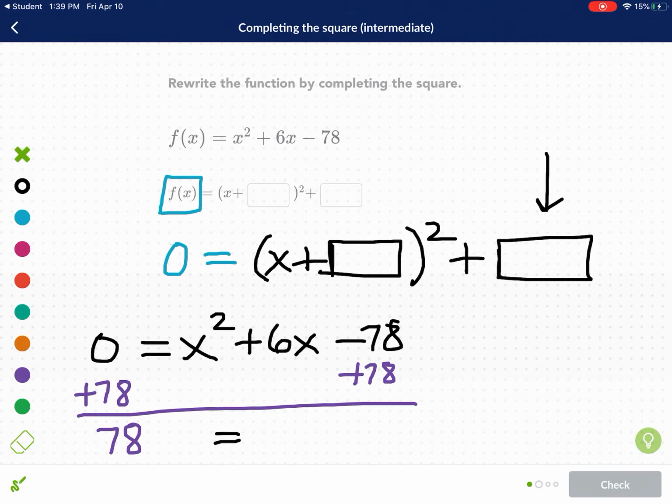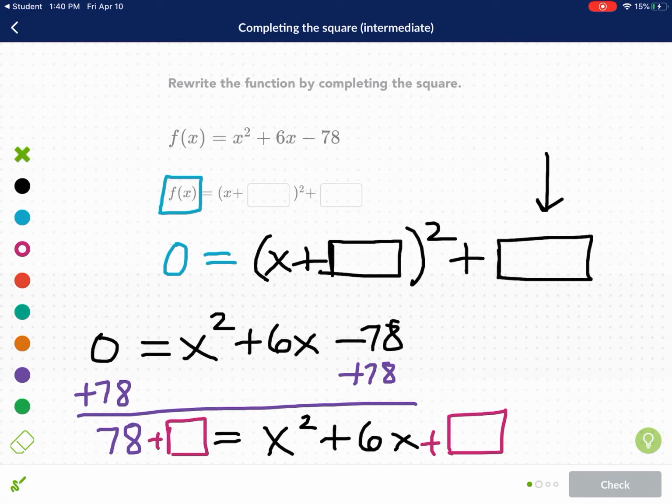I'm going to leave a blank space there where we can complete the square. Then our goal is to find out what we should add to both sides to complete the square. So if we take b divided by 2, which is 6 divided by 2, and square it, we should get 9. So 9 goes both here and here.